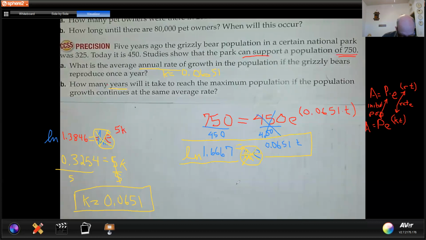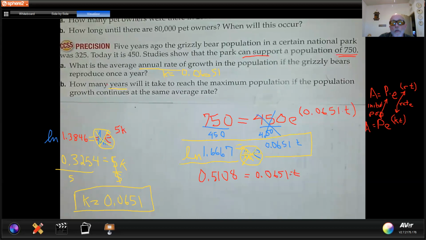1.6667. And then that natural log turns out to be, whoops, what happened to my, there we go. This is 0.5108. Check it yourself. Put in 1.66667 and see if you get that number. Equals 0.0651t.